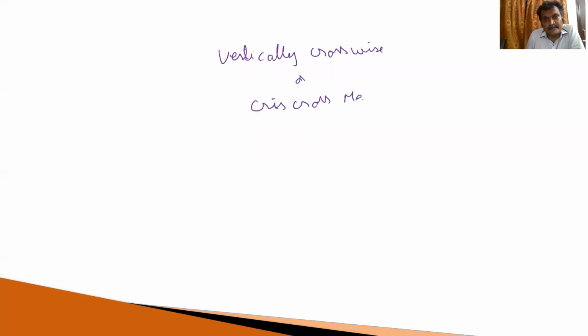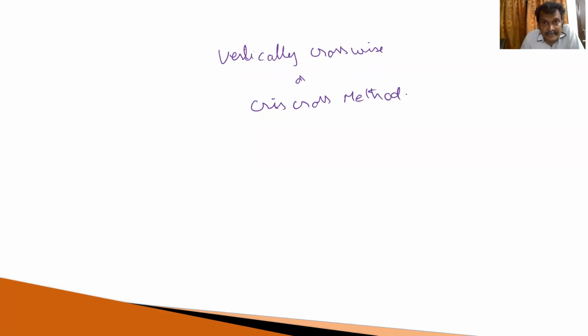Today I am going to explain an important topic: the universal method in multiplication using the Vedic mathematics system. That is called vertically crosswise, or the crisscross method.